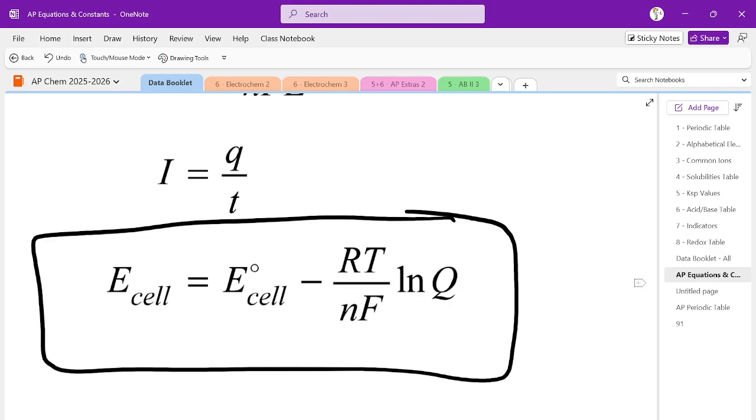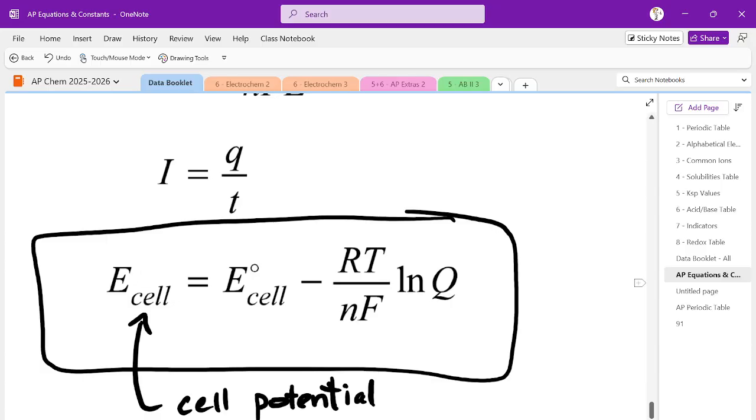You're not expected to use that formula, but they give it to you, so you are welcome to use it should you so desire. Yes? So this is the cell potential at non-standard conditions. Yes? Okay. That's a very good question.